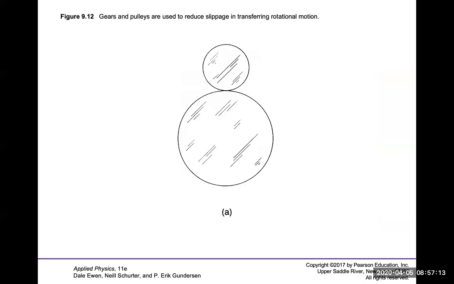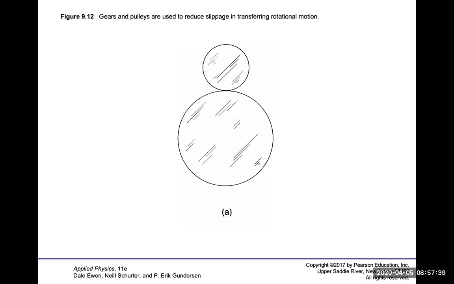The one on top is rotating, and it's causing the one below it to rotate. So there's good friction between them, there's no slippage. It looks like roughly the one on top has half the diameter of the one on the bottom.